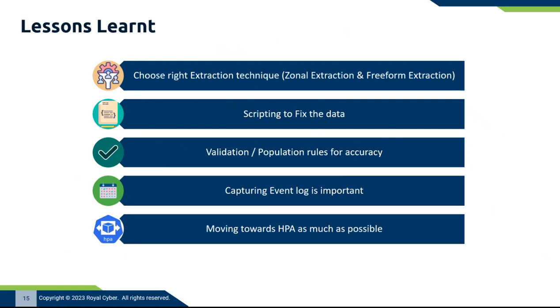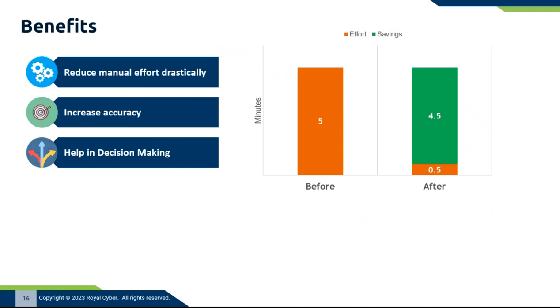So far, I've been working with different clients, and this is the benefit we have received by following those 5 points that I mentioned. First, we have reduced the manual effort drastically. While using scripting and data validation and population rules, we have increased the accuracy rate.